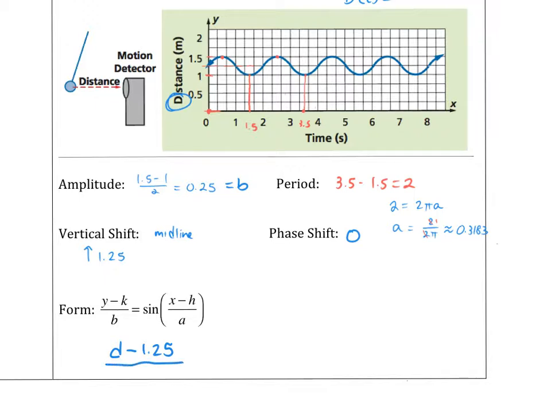And we know that B is 0.25 here. All right, sine now. And then I'm going to say T for time minus my H, which is 0. I don't need to write it. And then A being 0.3183.